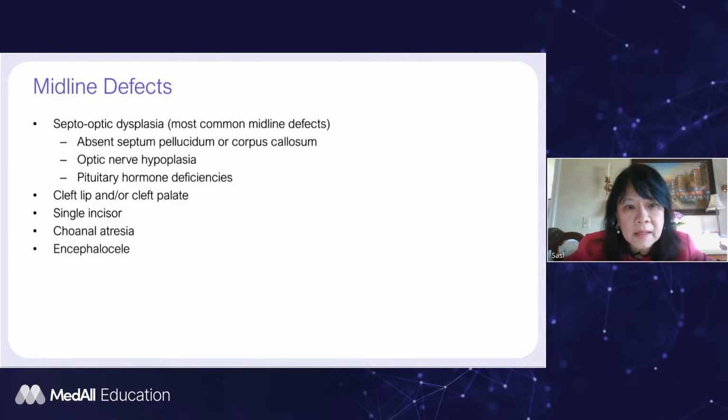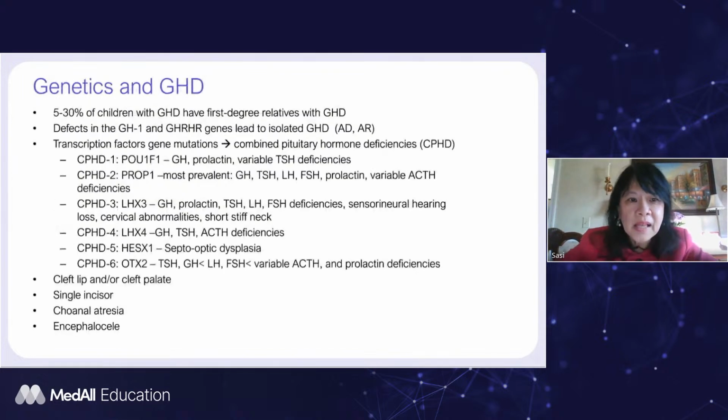And cleft palate can also be a clue for growth hormone deficiency, and that will require lab workup to look for possible panhypopituitarism or hypopituitarism. Single incisor is also one of the clues that we have to think about hypopituitarism or growth hormone deficiency, as are choanal atresia, or encephalocele, the defect of the skull with protruding brain tissue.